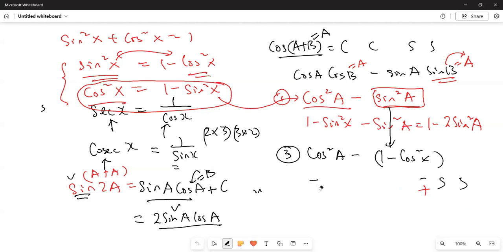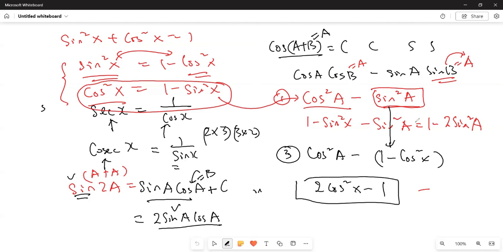Let me erase this. Okay, and then this is what I'm going to get: 2 cosine square x minus 1. So that is my double angle formula. All right, so there are 3 of them.